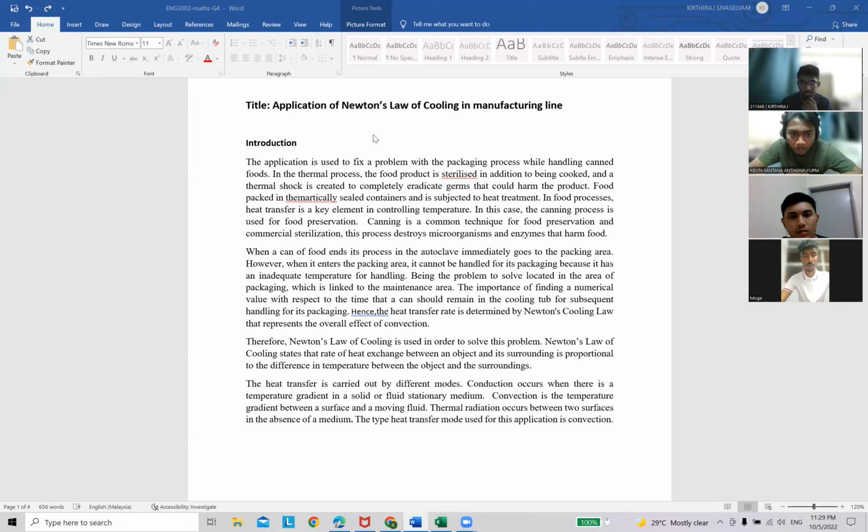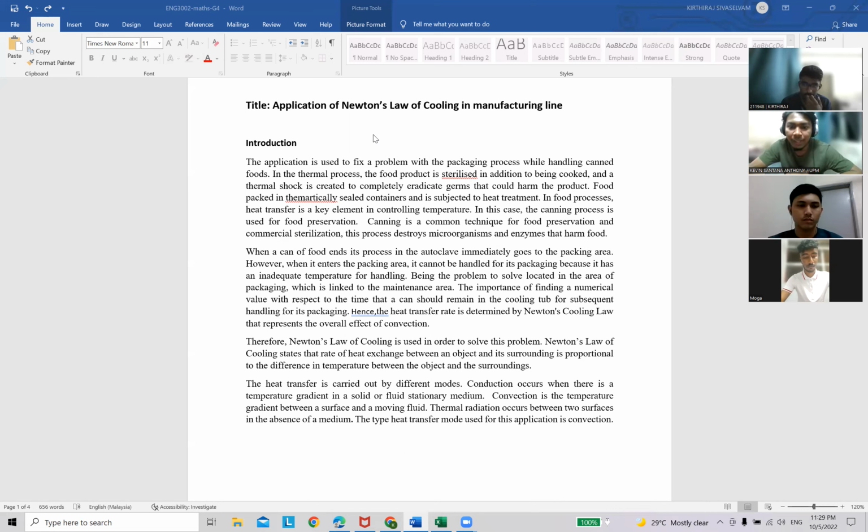When a can of food ends its process in the autoclave, it immediately goes to the packing area. However, when it enters the packaging area, it cannot be handled for packaging because it has an inadequate temperature for handling. The problem to solve is located in the area of packaging, which is linked to the maintenance area.